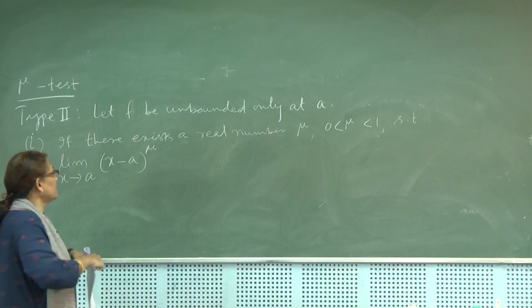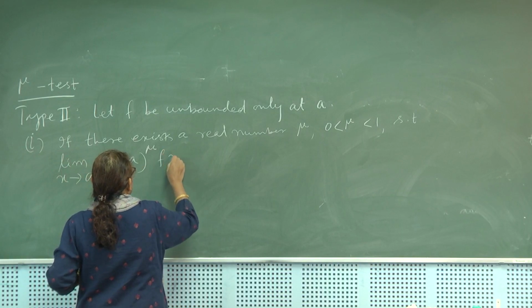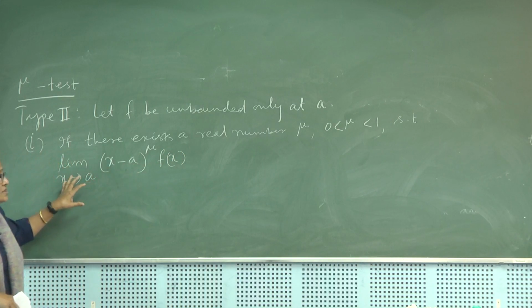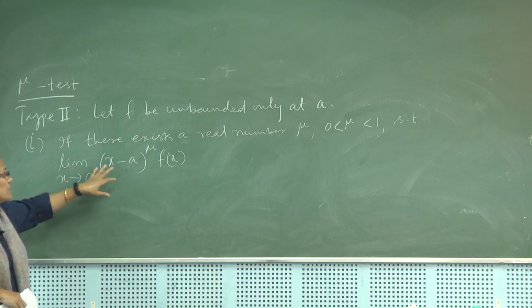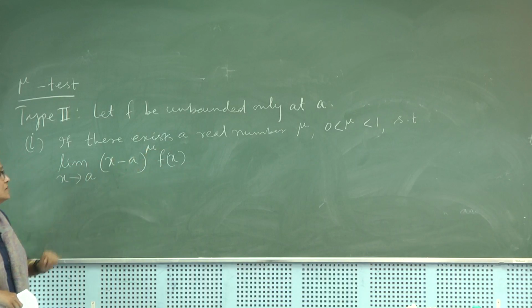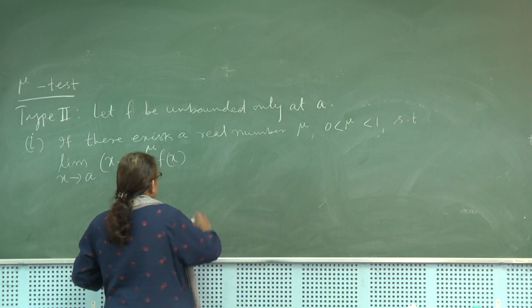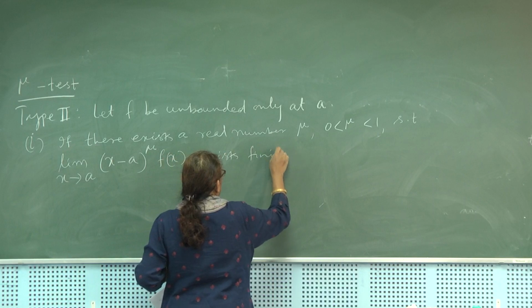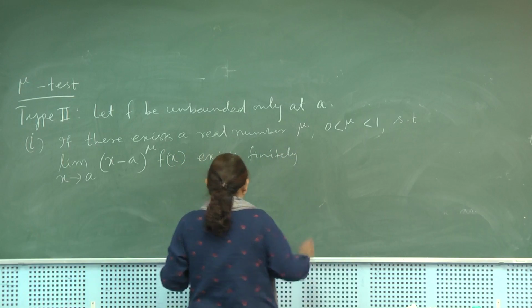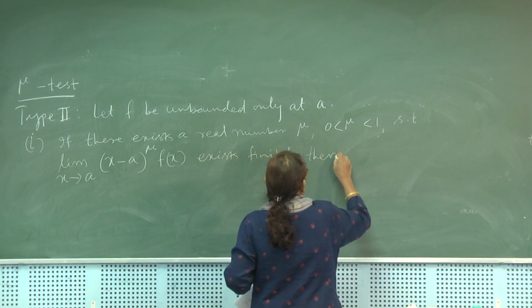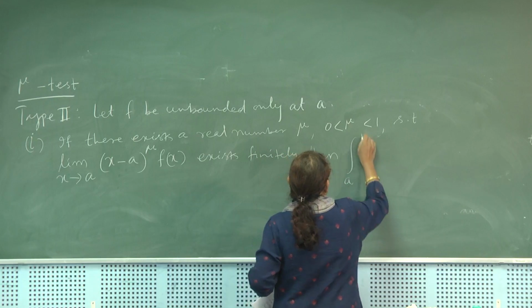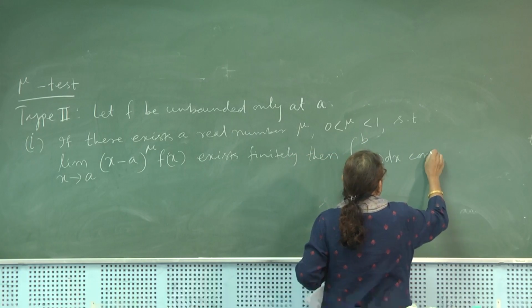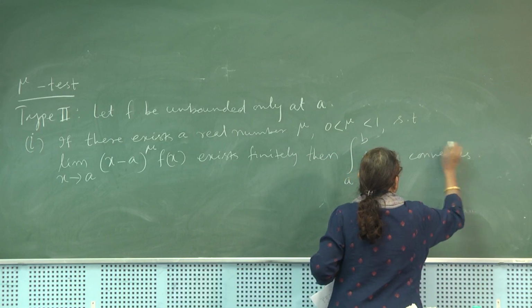We have to consider this limiting value of the product x minus a whole to the power mu f x. If this exists finitely, then this integral a to b f x dx converges.